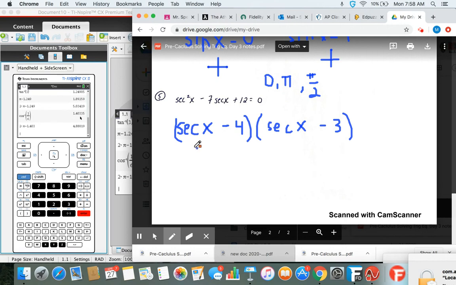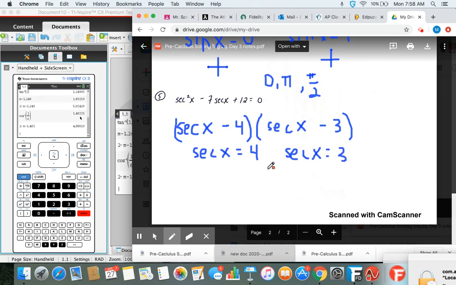And now if I take each one of these and set them equal to 0, I'm not going to get my answers, but I'm getting closer. So we get secant equals 4 and secant's going to equal 3.